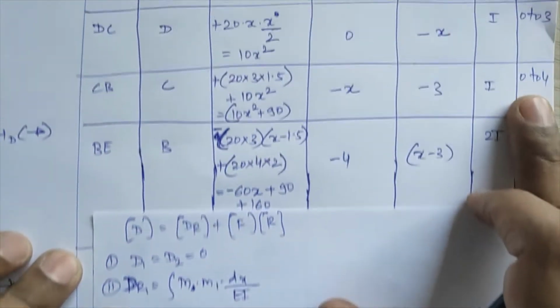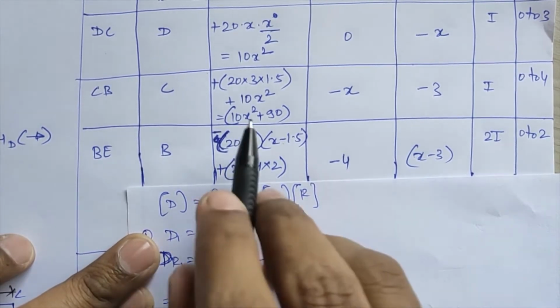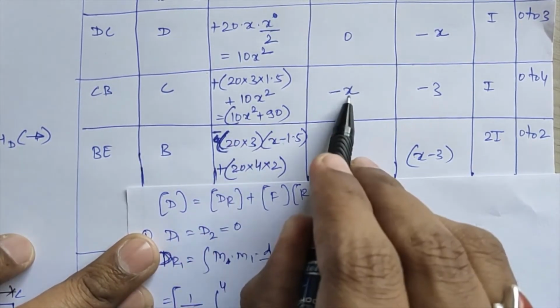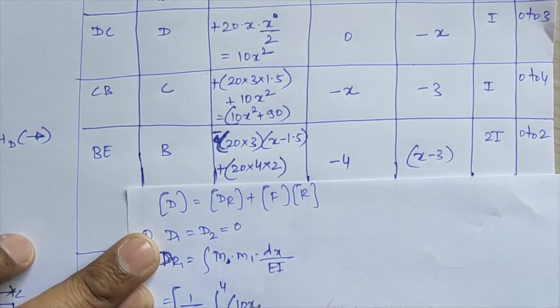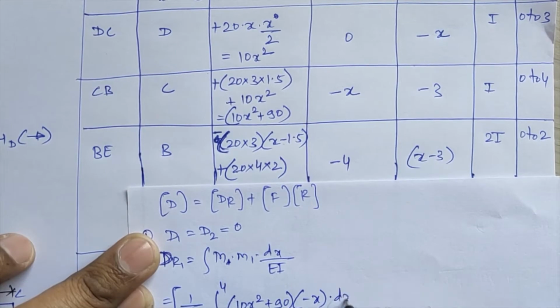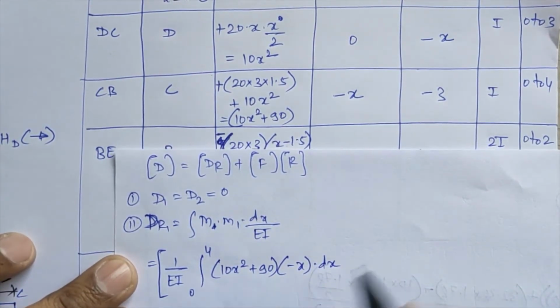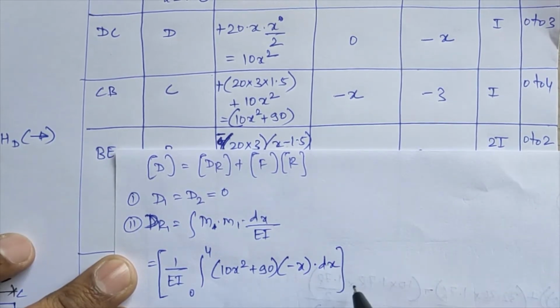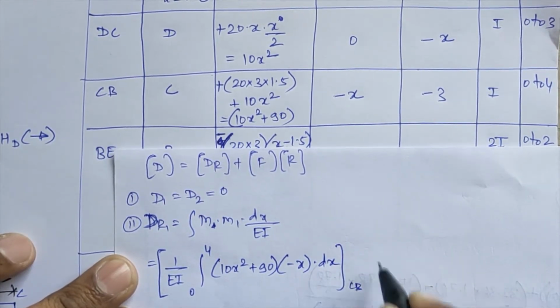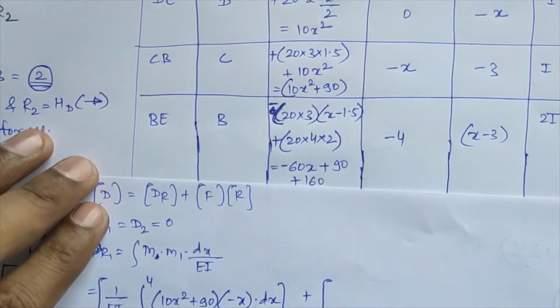Limits of integration are from 0 to 4, so 1 upon EI into the integration from 0 to 4 of 10x square plus 90 into minus x into dx. Okay, so this will be for your first portion, that is CB. Plus next I'll solve for your third portion, that is portion BE.